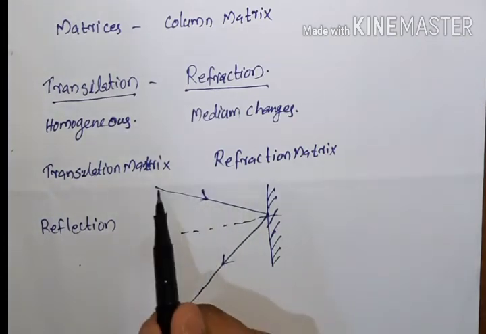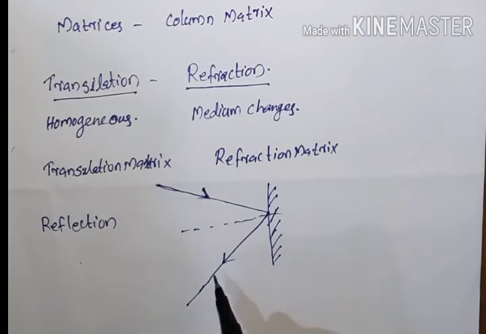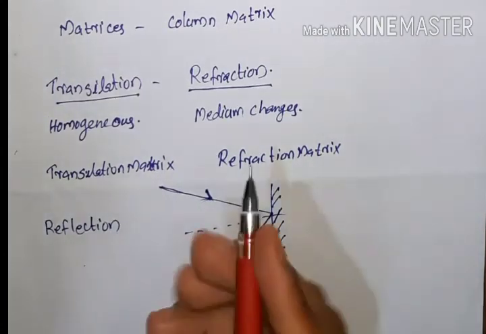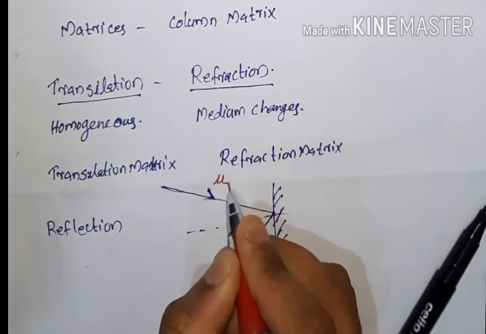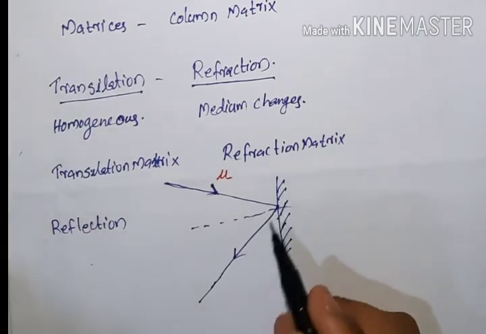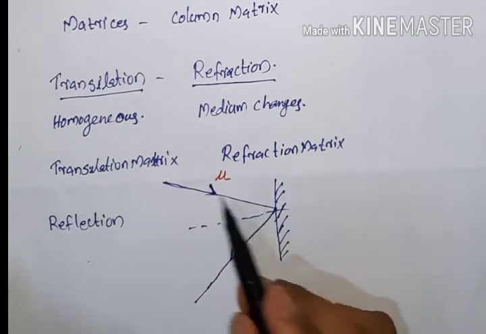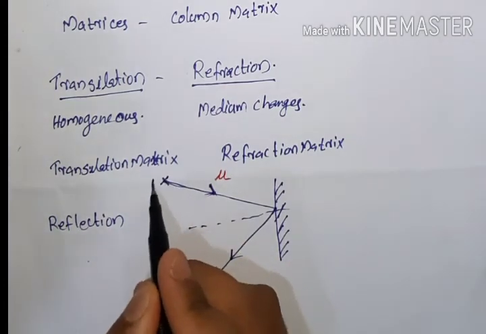But in this process of reflection, the propagating medium of the light ray is constant, and let us consider the refractive index to be mu.